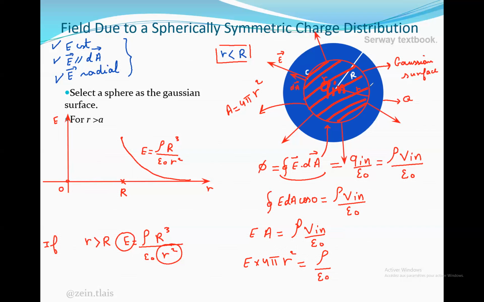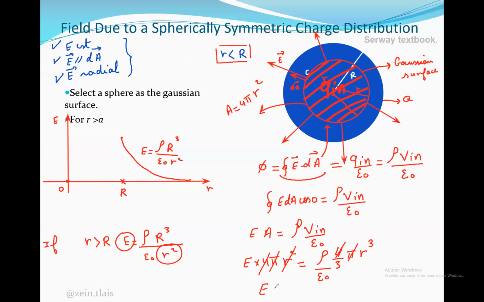Vn is the volume of the total Qn. It's not a shell. It's a solid object. Its volume equals 4 over 3 pi r cube, where the radius from here to here equals small r. We can calculate now its value. We can cancel 4 pi, and r square, leaving r.